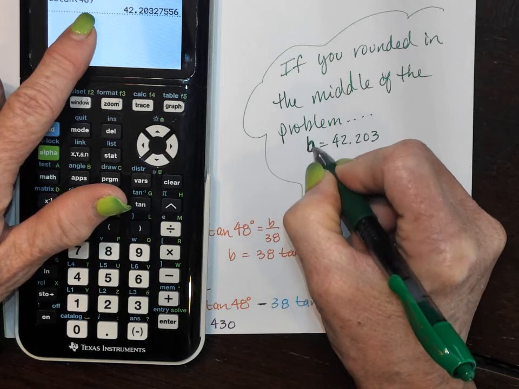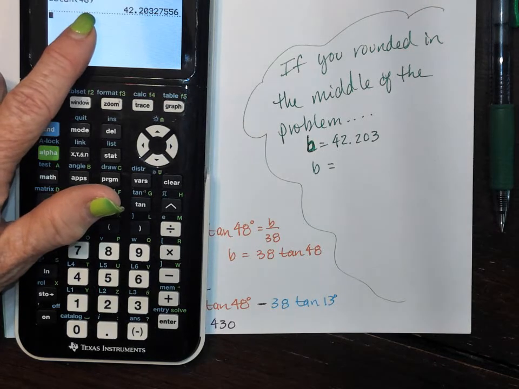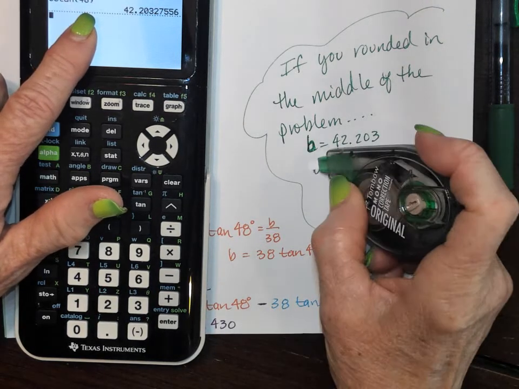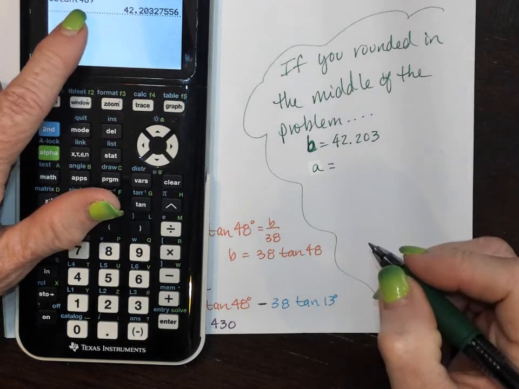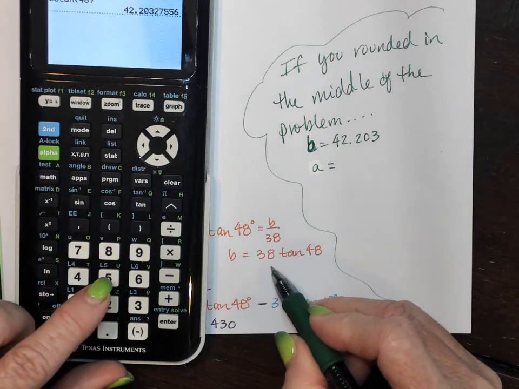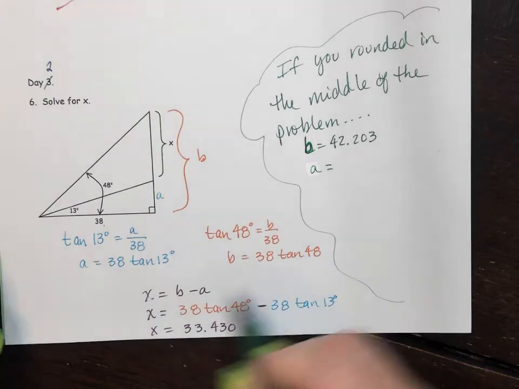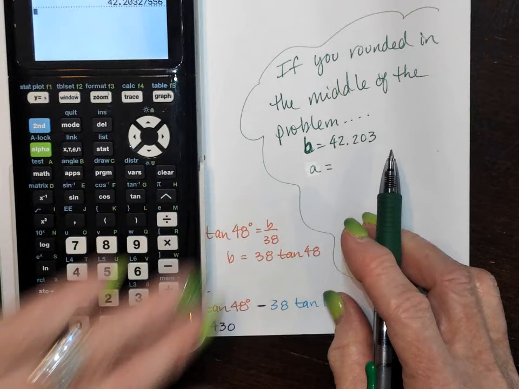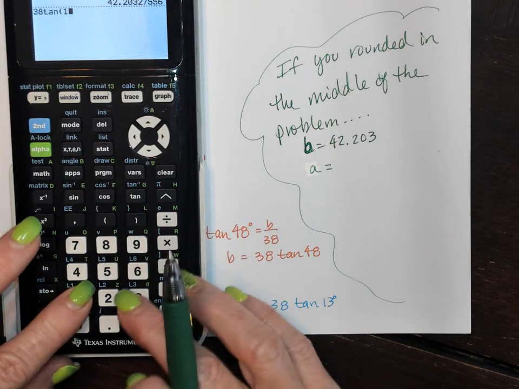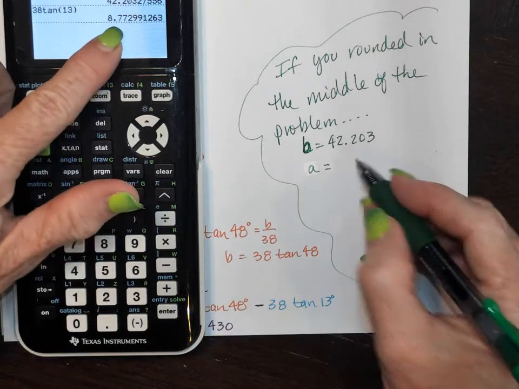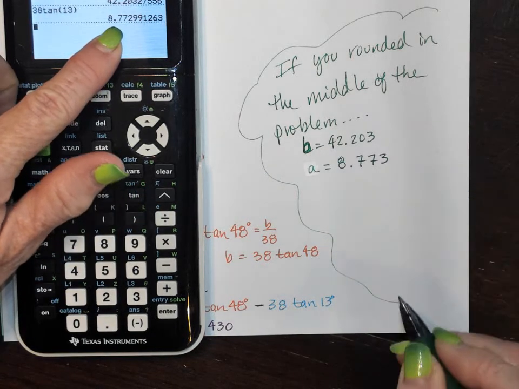I lost myself for a moment here. What was my A? Oh, A is 38 tangent 13, that gives us 8.773.